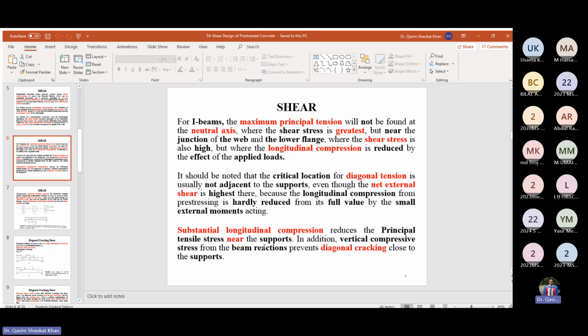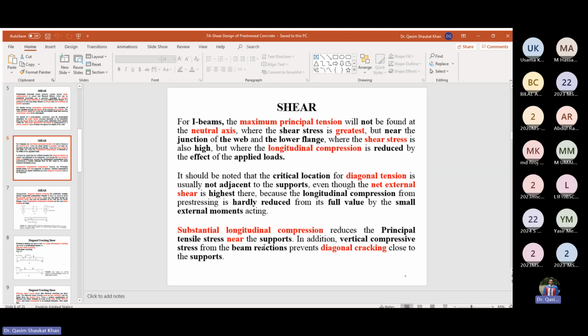But near the junction of the web and the lower part of the flange, ठीक है जी. So at this junction the shear stress will be high, but the longitudinal compression will be reduced by the effect of the applied loads, because your pre-stressing is producing a hog in the beam, which is producing a compression at the bottom.